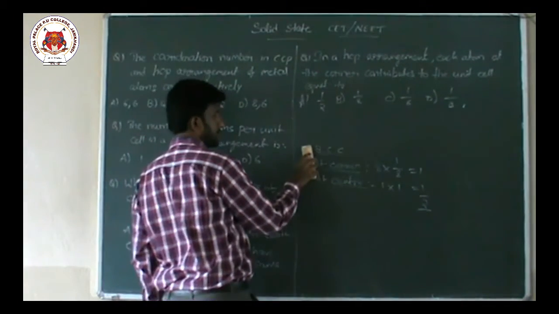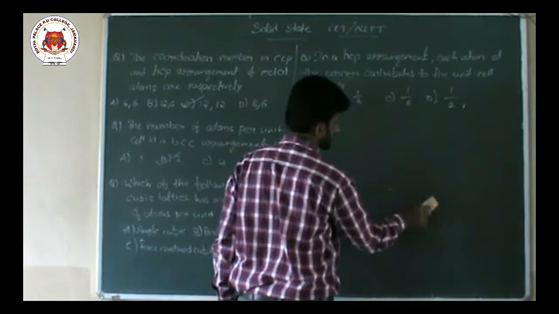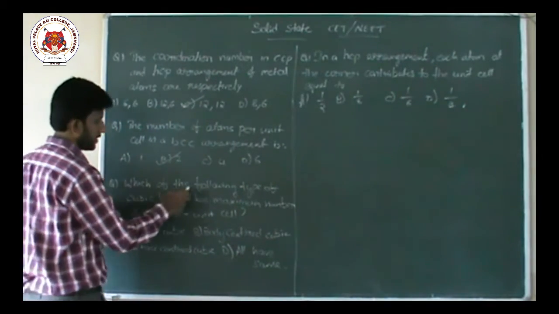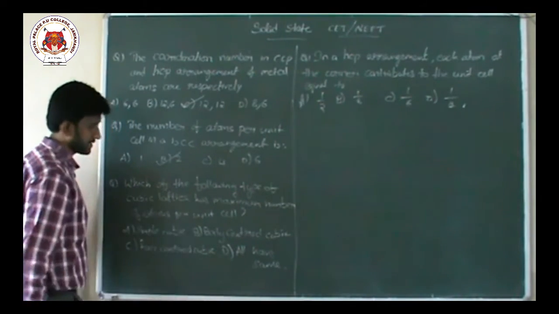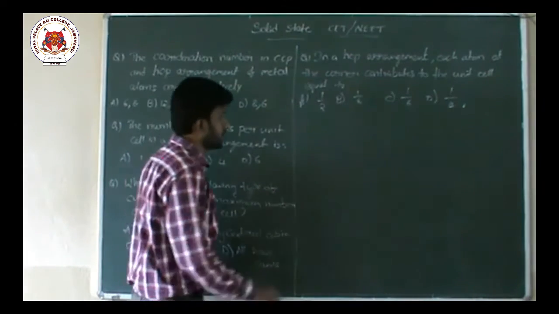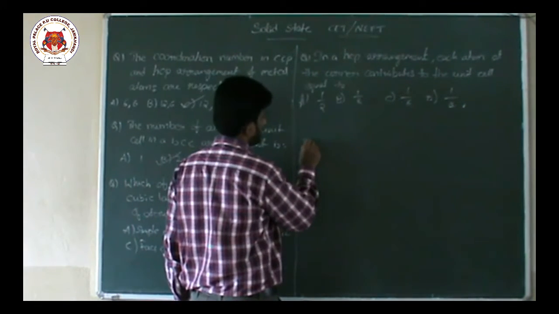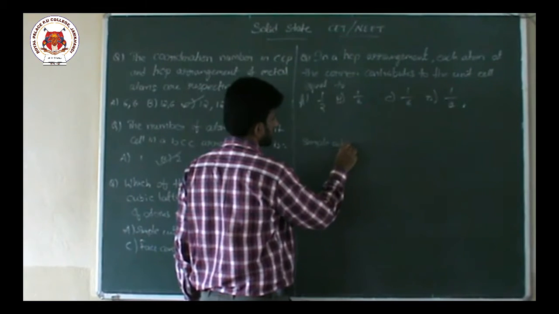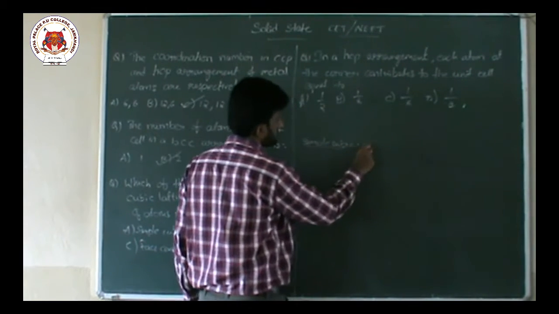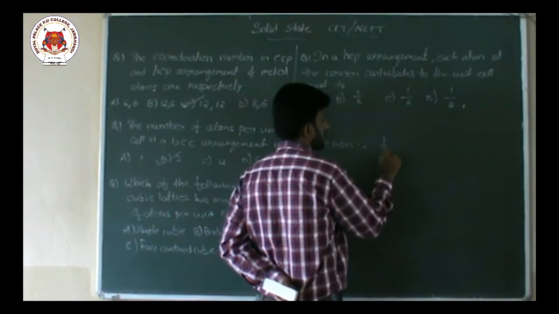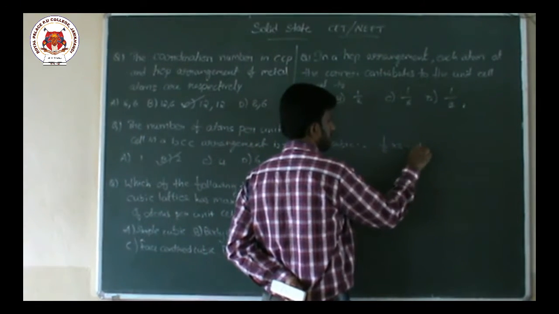Now coming to the next question. Which of the following types of cubic lattice has maximum number of atoms per unit cell? If you take a simple cubic unit cell, atoms occupy only corners. So corner contribution is 1 by 8 into 8 atoms, which is only 1.